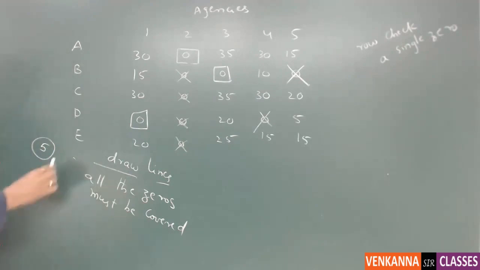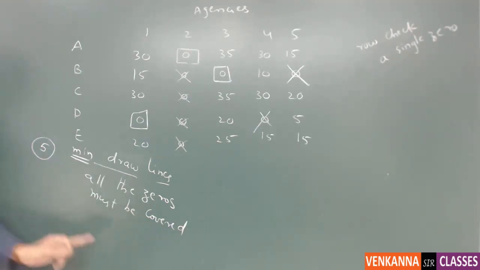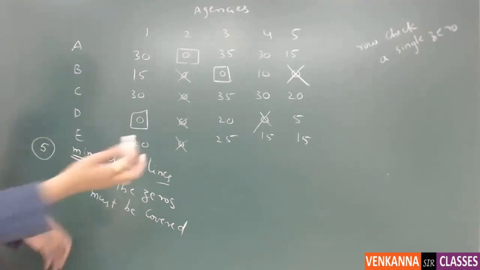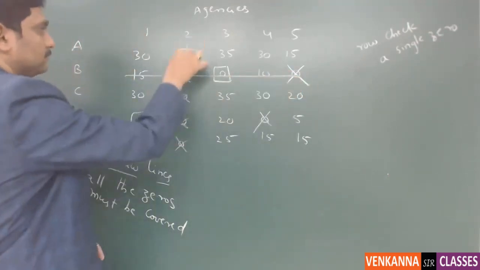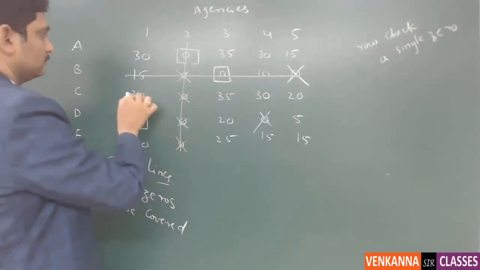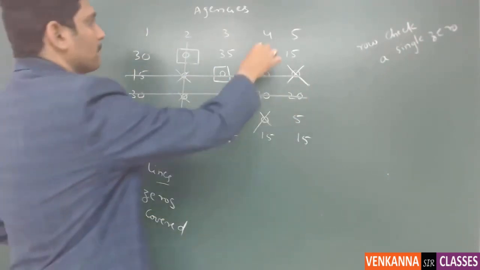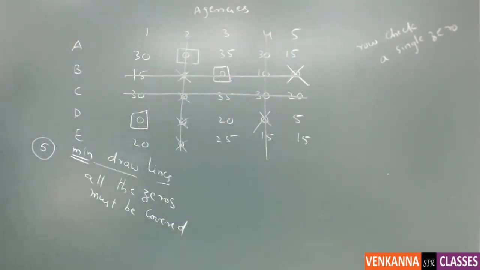So I am going to draw the minimum number of lines required to cover all the zeros. On inspection, I can draw the lines like this. Did you accept that?